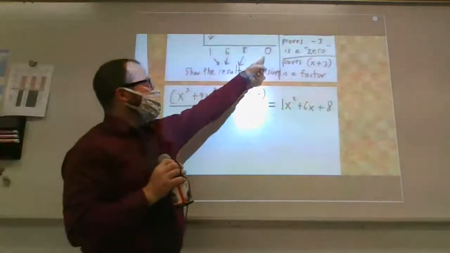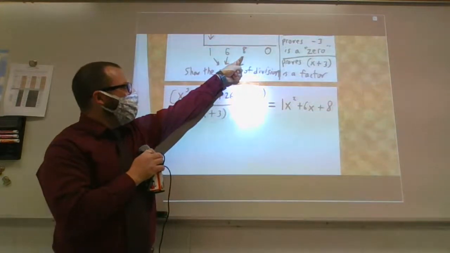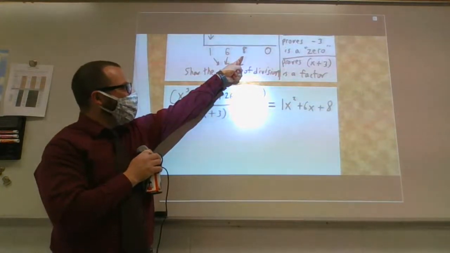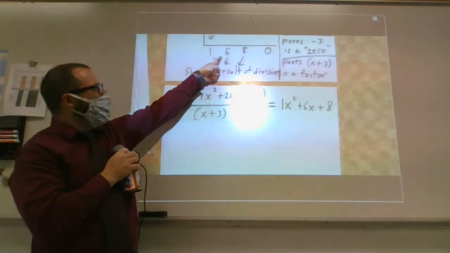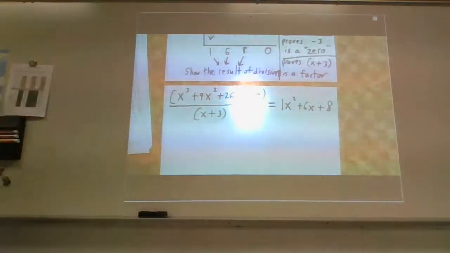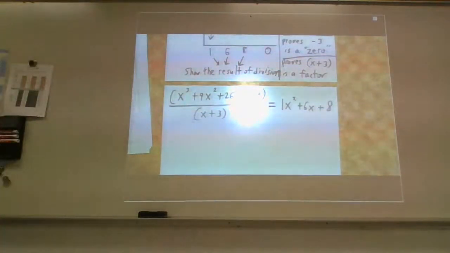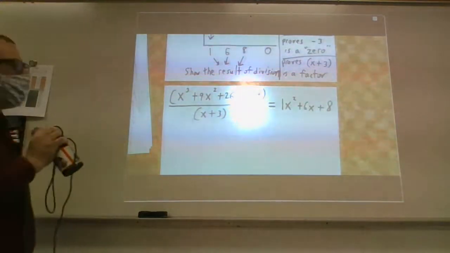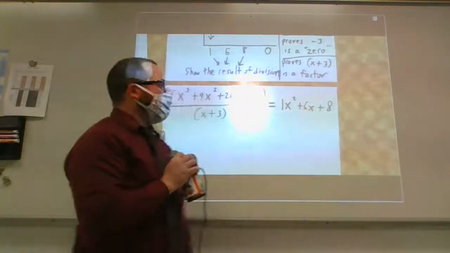If this 0 is the remainder, working backwards, then this number is my constant, this number is my x, and this number is my x squared. The numbers on the bottom of the synthetic bar represent the resulting equation. And we are going to break this thing down piece by piece.